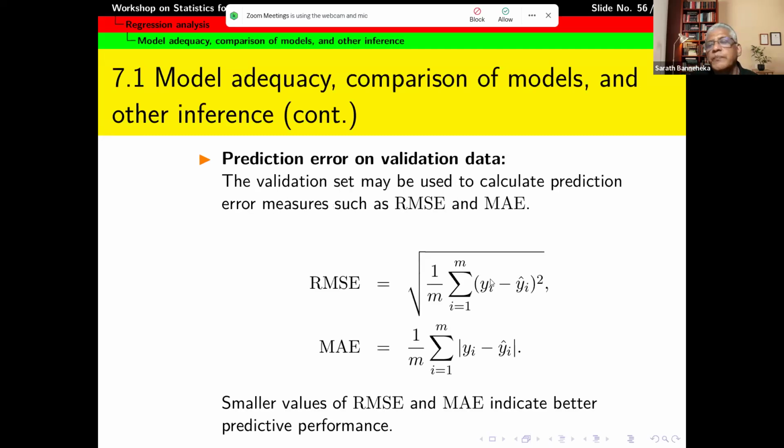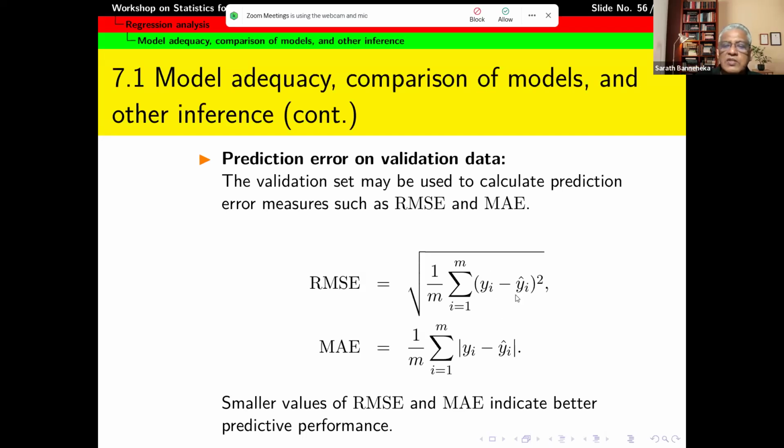And then there are other measures which depend on the prediction error. So the prediction error is equal to yi minus yi hat. That is the same as the residual. Residual is the remaining amount after doing the prediction, right? So yi is the observed value, and yi hat is the value coming from the model.